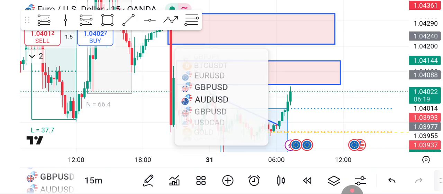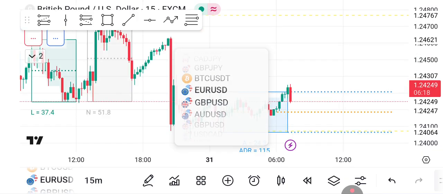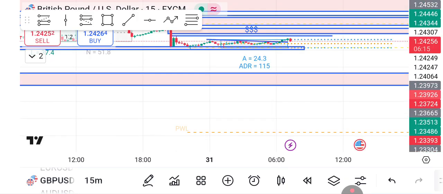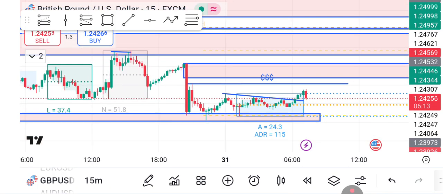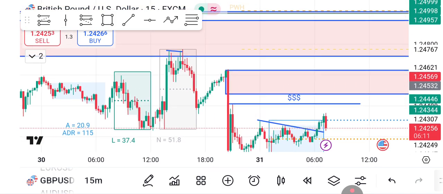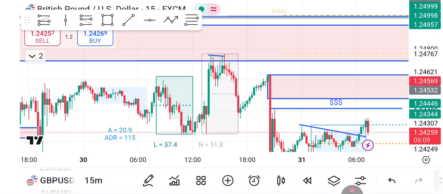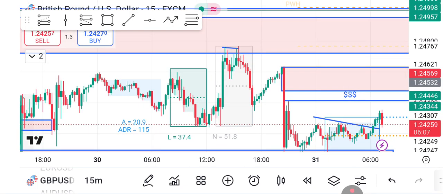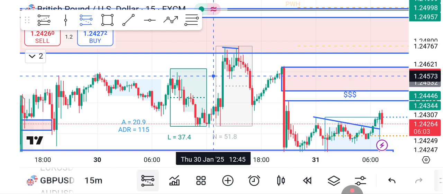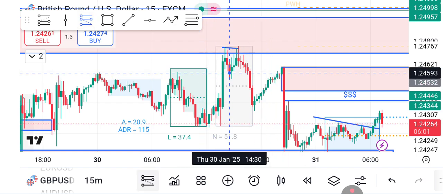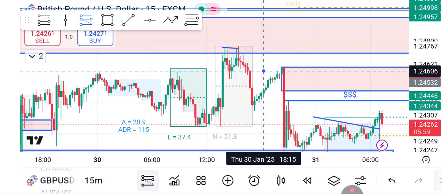So let's go to GBPUSD real quick. It's actually the same thing, right? Yeah, the same thing. GBPUSD was the one I even set the limit on, but it's not valid enough for me. So you guys, you don't have to be trading this type of trades every day. I saw this trade yesterday.